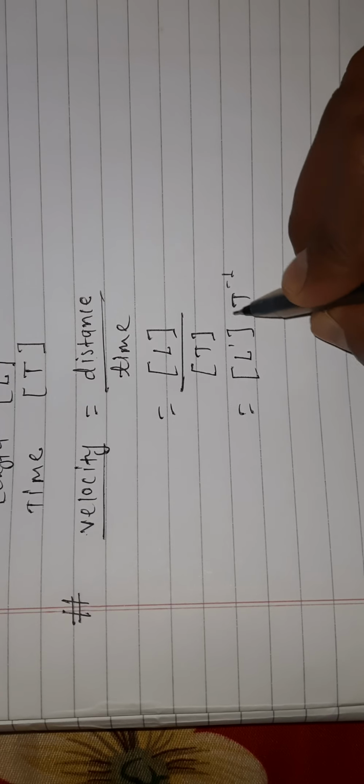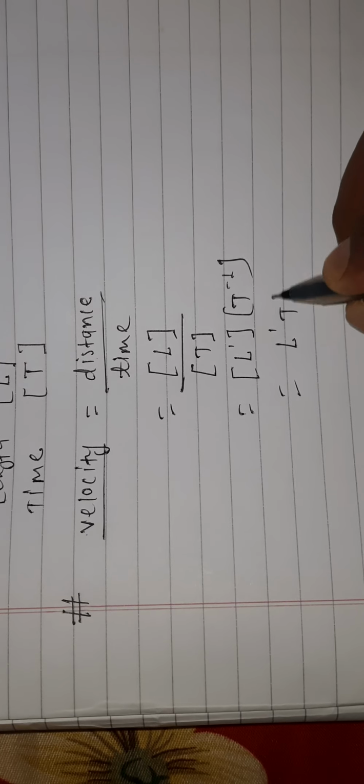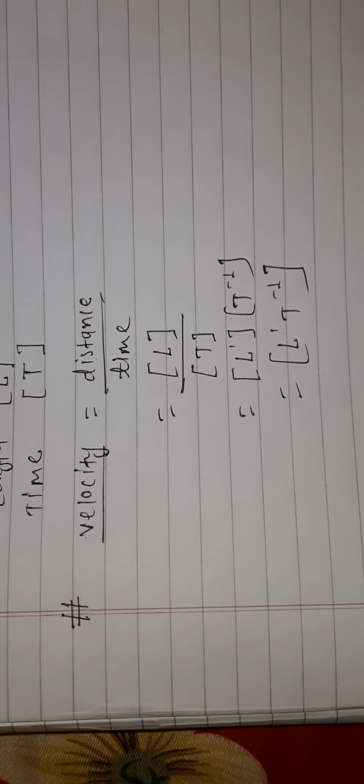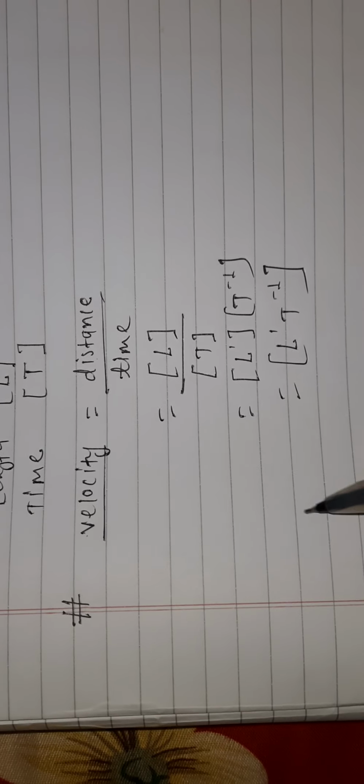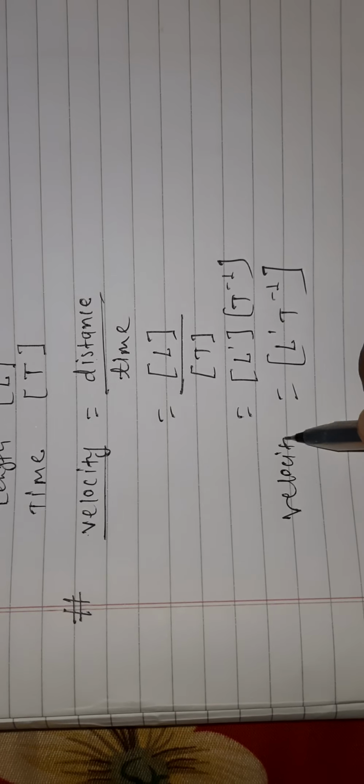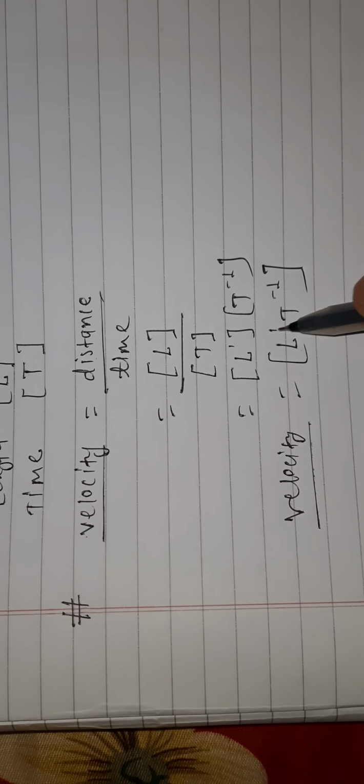Writing these two quantities together, we get L1 T minus 1. So the dimensional formula of velocity is L1 T minus 1.